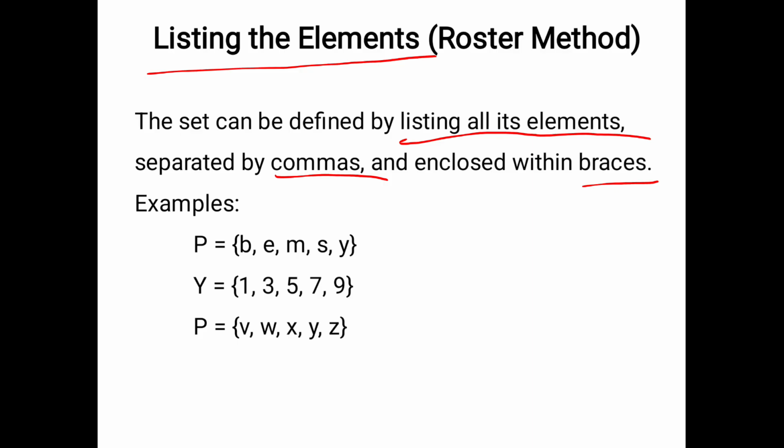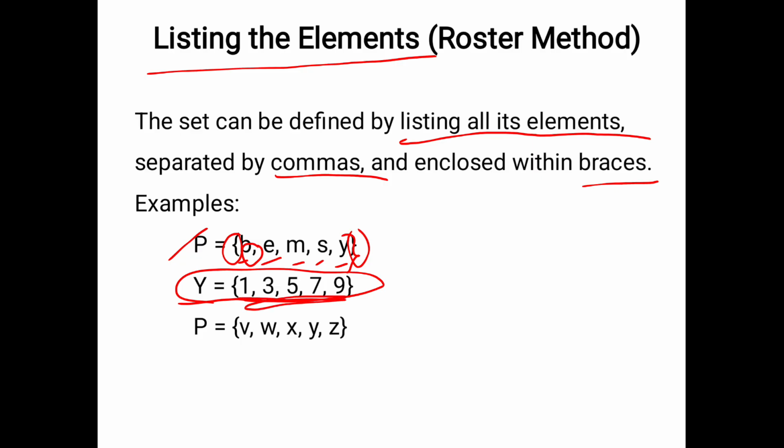For example, we have here the set P. So the elements are B, E, M, S, and Y. You can see that they are separated by commas and enclosed by braces. So we have the braces. Again, this is our set, and then we have its elements.